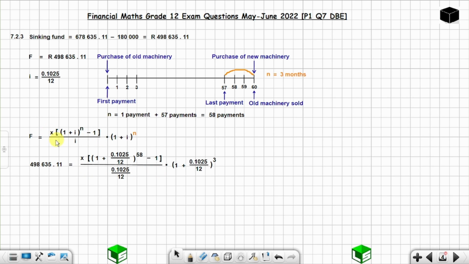Okay, we are looking for X, the monthly payment. X is equal to, you're going to take this times this, you bring it to the top. Okay, this, and then you have this, you bring it to the bottom. So over this, you bring it to the bottom. Okay, this. Okay, this was at the top, you bring it to the bottom.